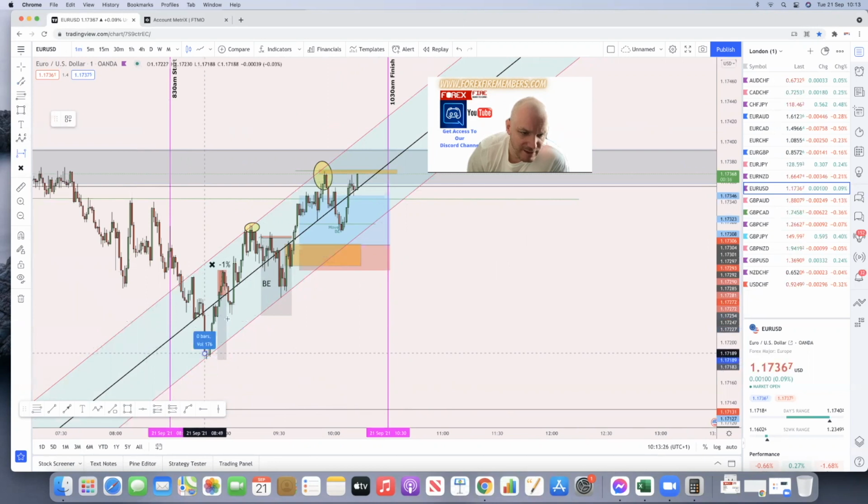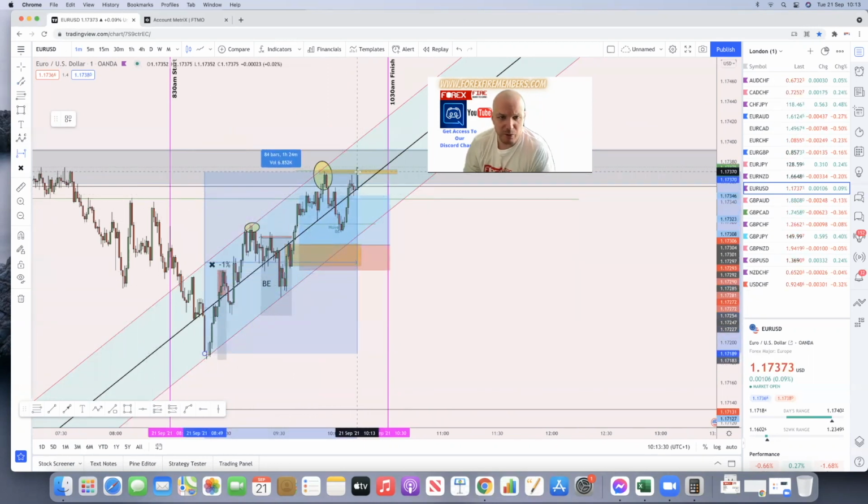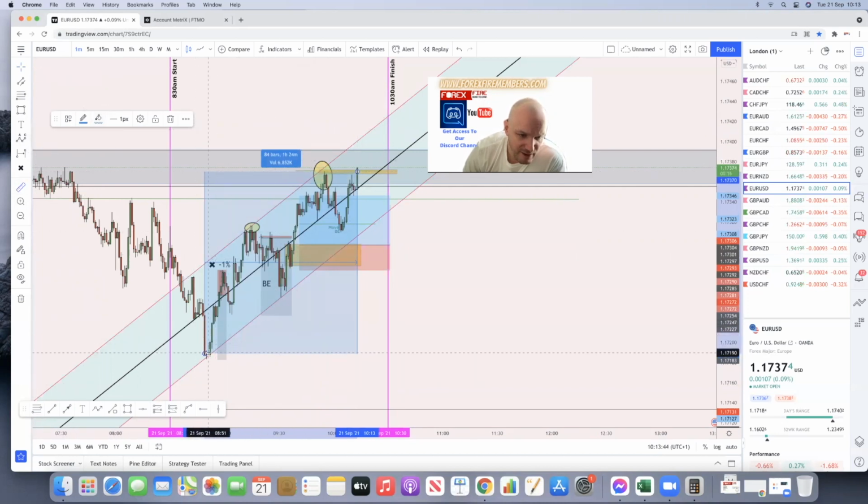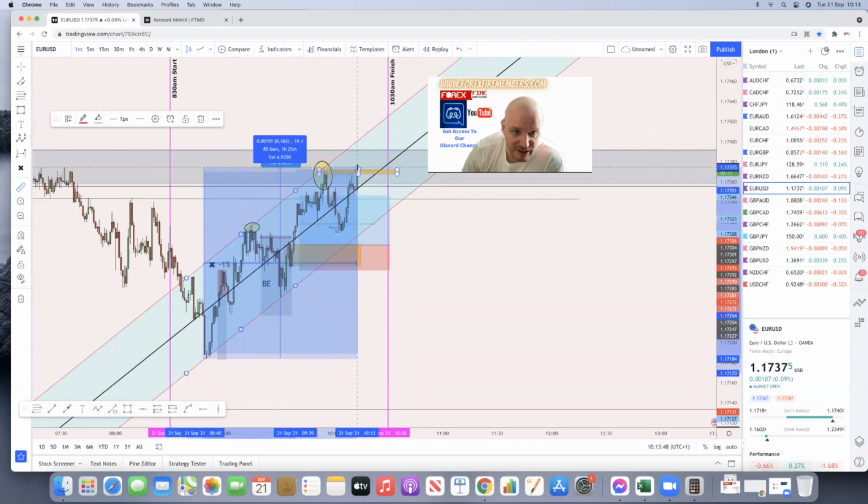From here up to where we are here, we've got around about an hour and 24 of movement within that slight uptrend, that impulse move. Just to go a bit more in depth, in the space of that time, that push there has created around about 20 pips.